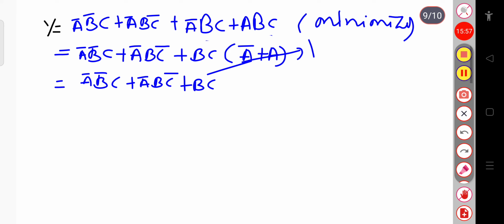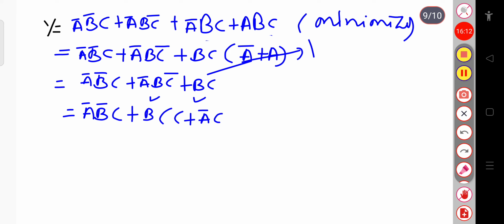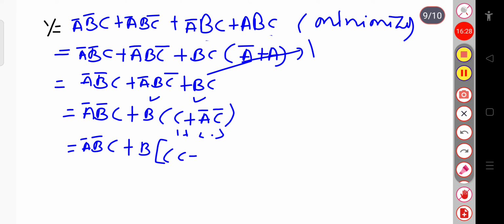Now, from the second and third term, if we take the common b, the first term remains as it is, a bar b bar c plus, taking common b, you will get c plus a bar into c bar. Now, this is in the form of 1 plus 2 into 3. So, that will be equal to a bar b bar c plus b whole into, this will be 1, that is c plus a bar, 1 plus 2 into 1 plus 3, that is c plus c bar.